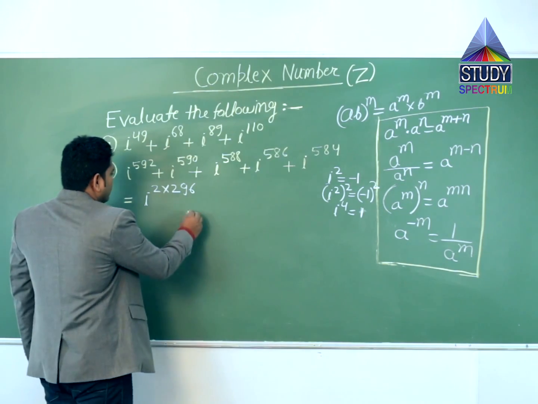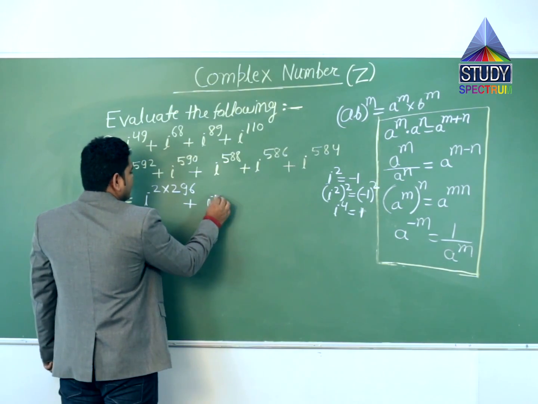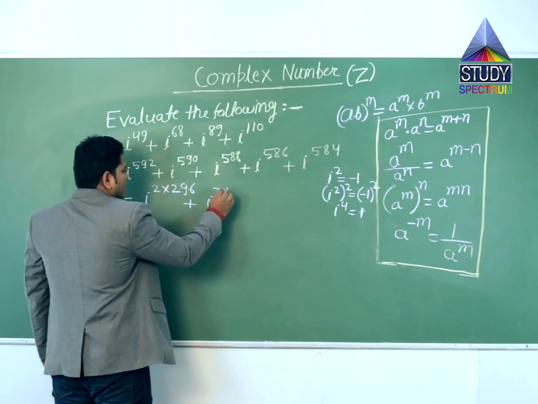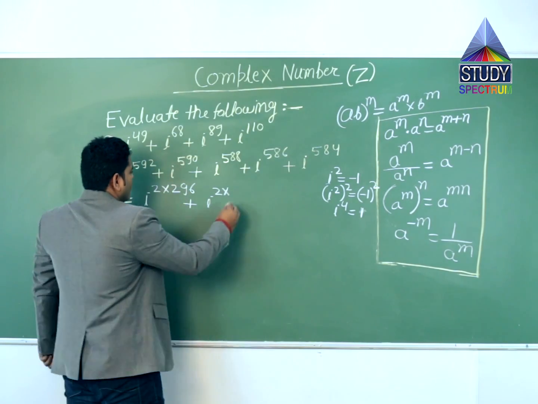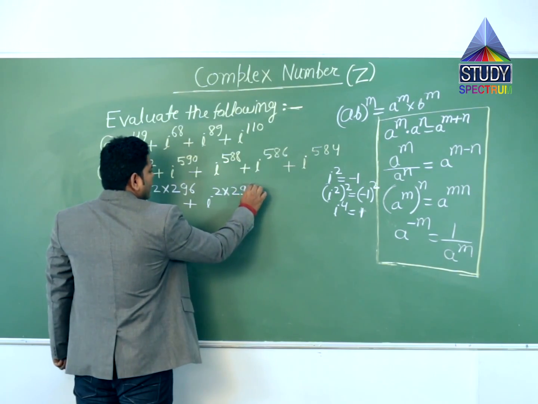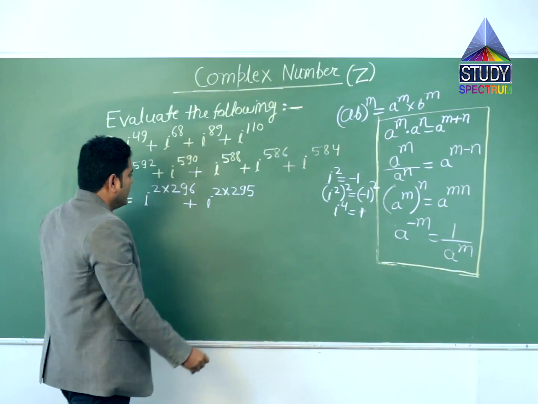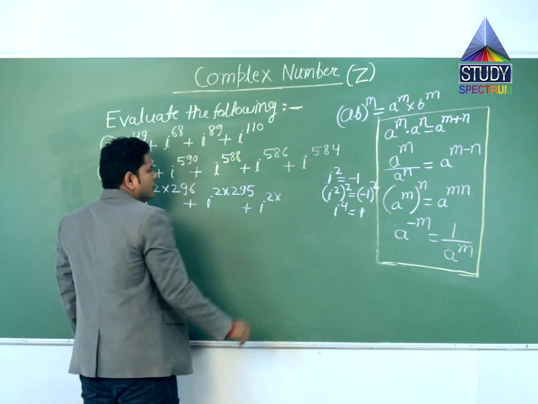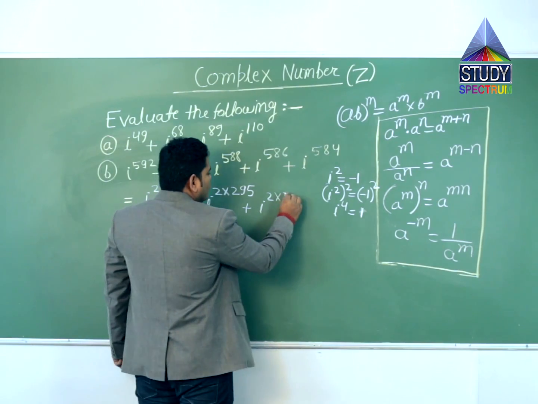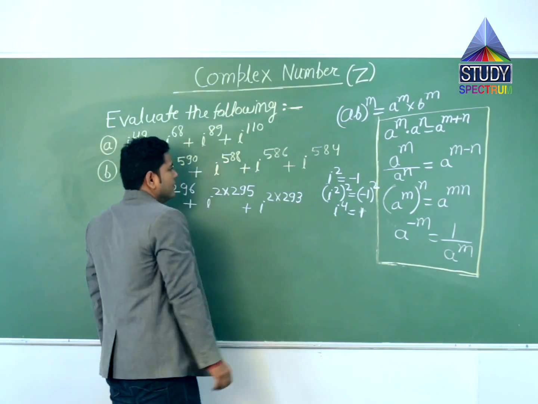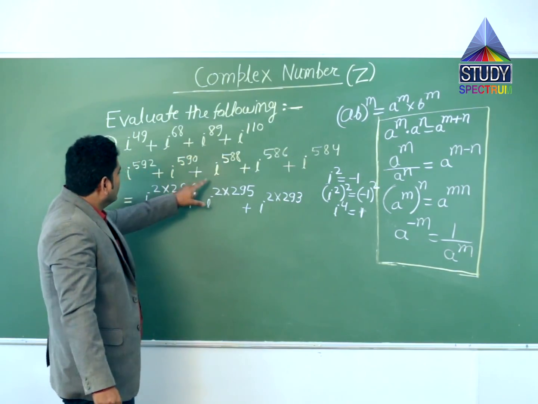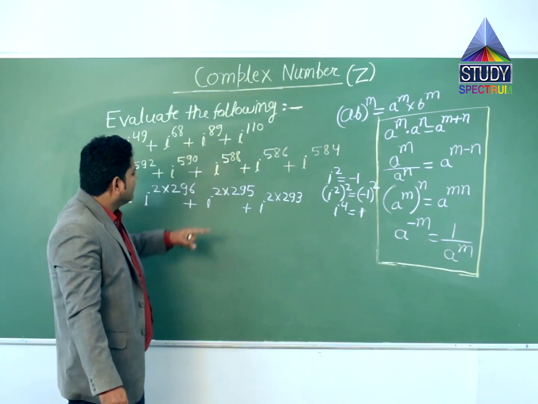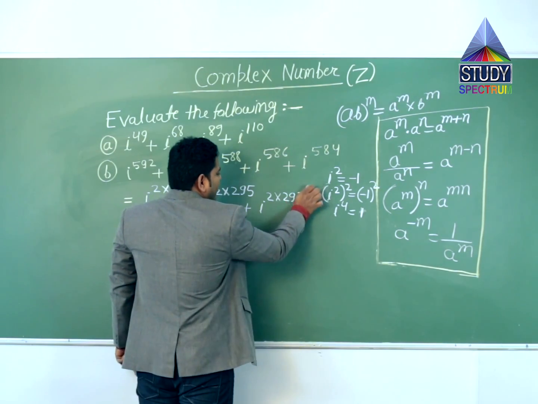Plus this can be written as 2 into 295. In the same way it can be written as i to the power 2 into 293. Sorry, i to the power 588 can be written as 2 into 294.